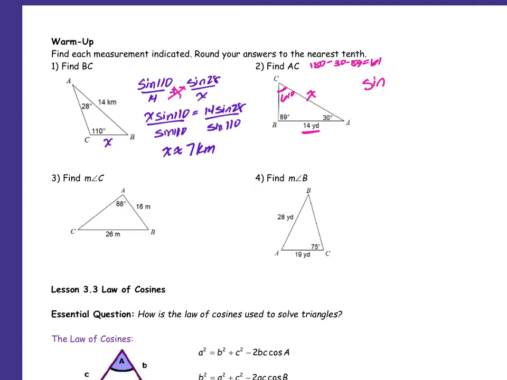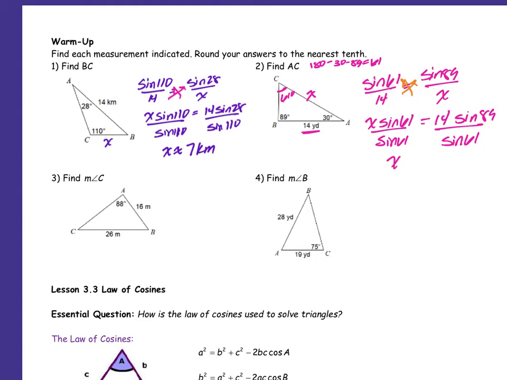So I have sine of 61 over 14 equals sine of 89 over x. Cross multiply, and I get x sine of 61 equals 14 sine of 89, divide by sine of 61, and x is approximately going to equal 16 yards.